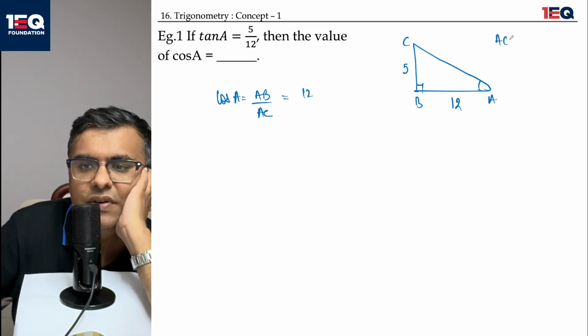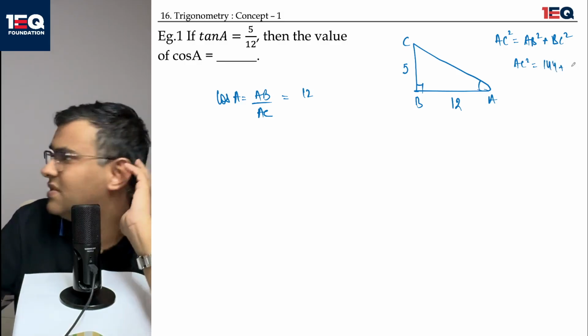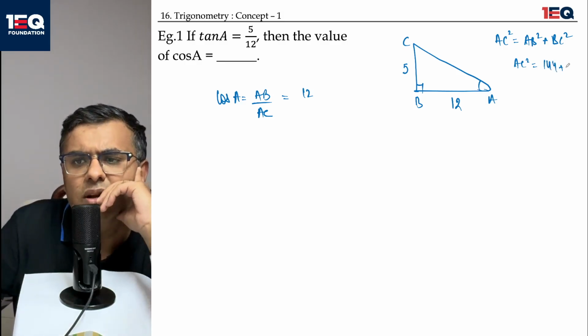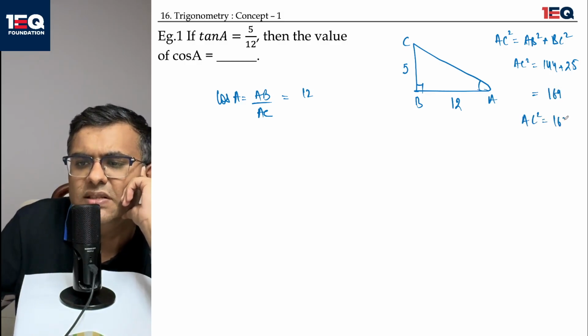The value of AC square is equal to AB square plus BC square. AB square is 144 and BC square is 25. So 144 plus 25 gives me 169, and the value of AC square is equal to 169.